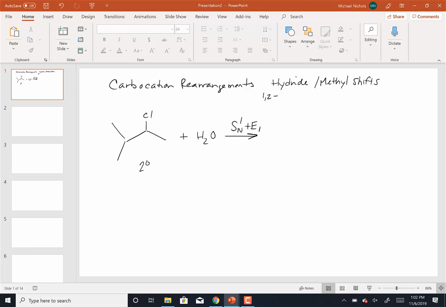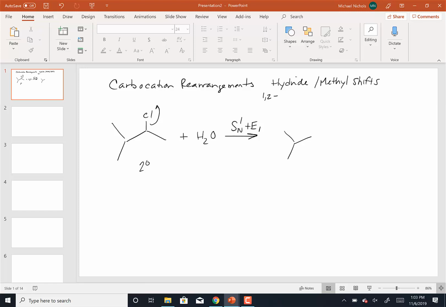Let's just worry about the SN1 mechanism first. So, first step in the mechanism then is to do what? Form the carbocation by breaking the carbon-chlorine bond.